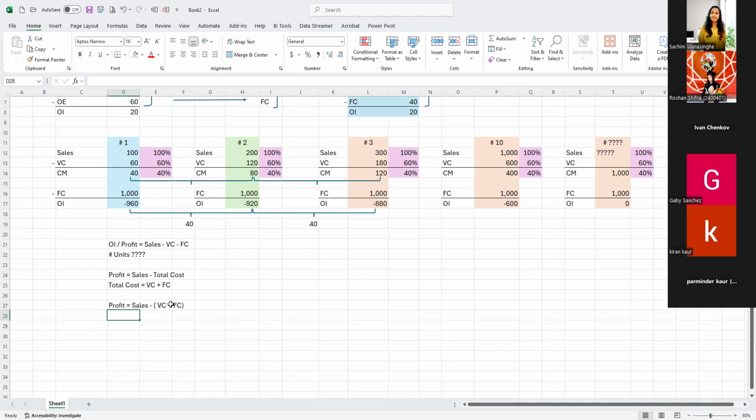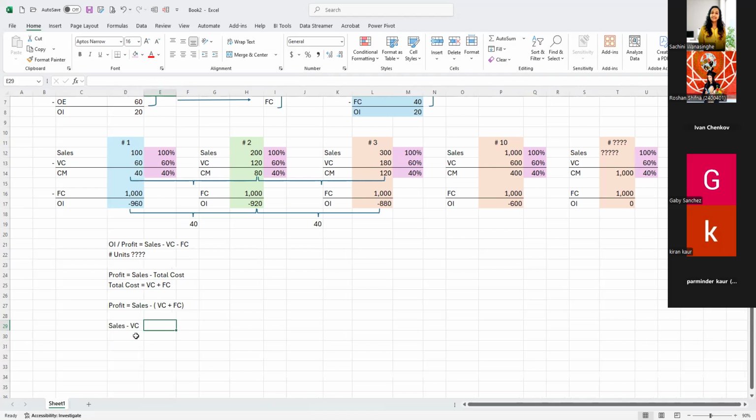Yes. So from this formula, sales minus variable cost is going to give us what? Contribution margin. You can easily see it. Sales minus variable cost gives you contribution margin.